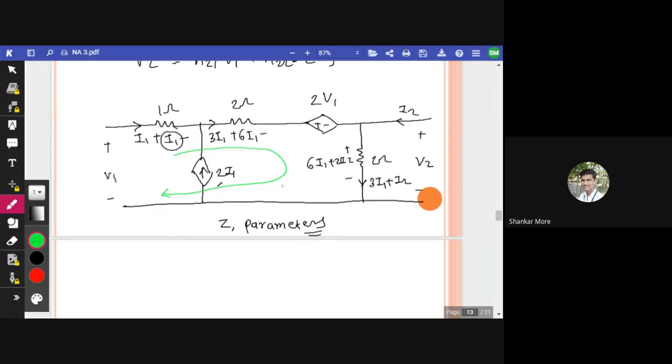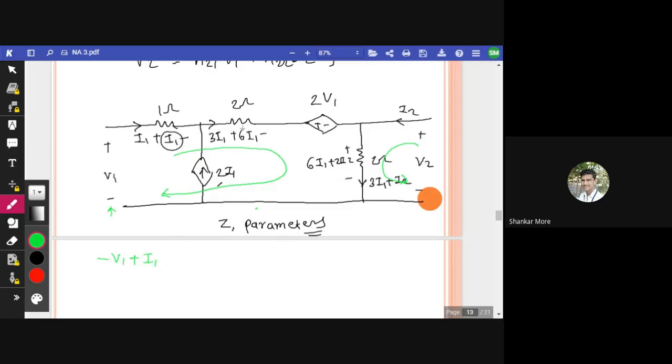You will get the equation for V1, and when you apply KVL here, you will get the equation for V2. Now we'll apply it. Okay, how do we apply it? Let's proceed. Start from here. It is minus V1 plus I1, then we move forward.